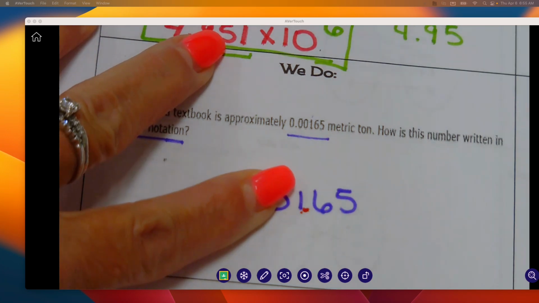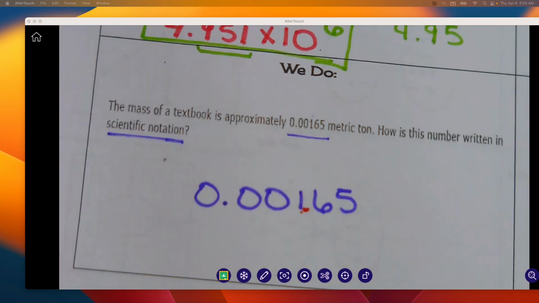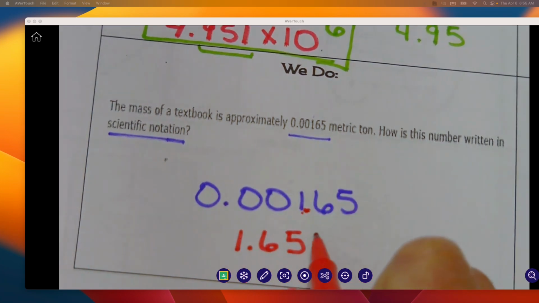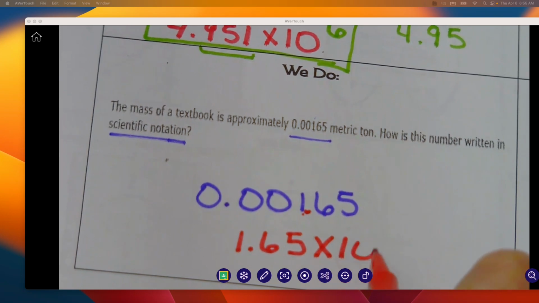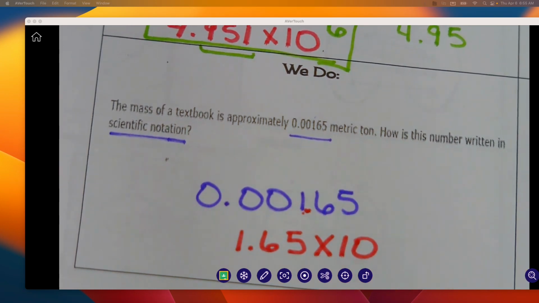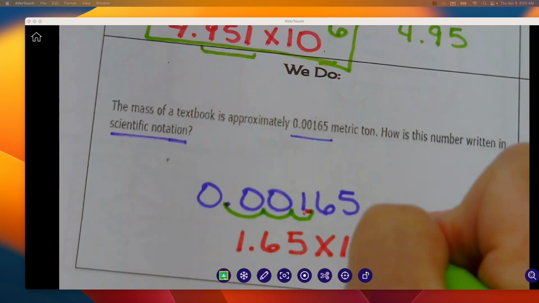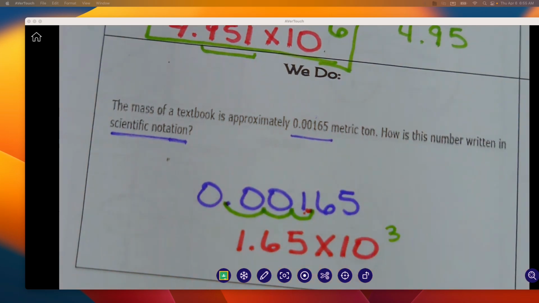That number is between 1 and 10. So I'm going to rewrite this 1.65. You're always going to multiply it times 10. Now we have to figure out what the exponent is. Here's our original decimal. Here's our new decimal point, and we're going to count 1, 2, 3. So my exponent is 3.